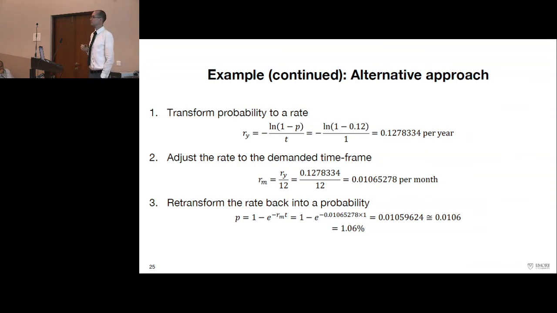We could transform it to a rate using the formula that we talked about before. We would find that the rate of death is 0.12 and some numbers per year. We can adjust this death rate to a month time frame by just dividing it by 12. So we would get this number, and then we would retransform it back to the monthly probability, and we would get the same number. So the bottom line here is don't divide probabilities, but you can divide rates.